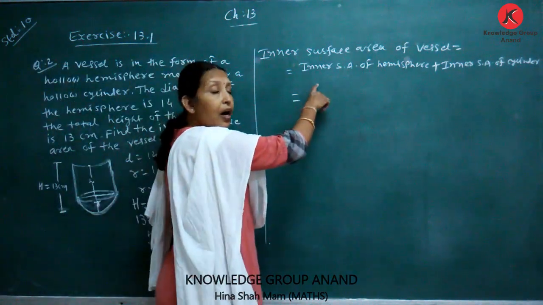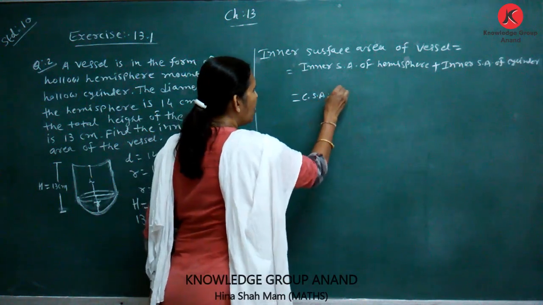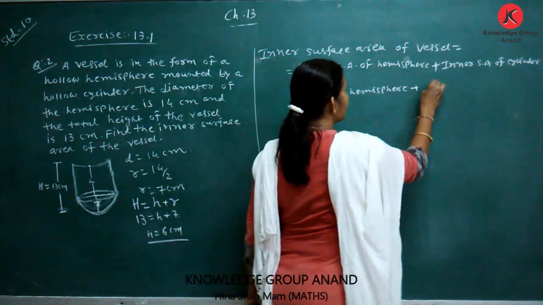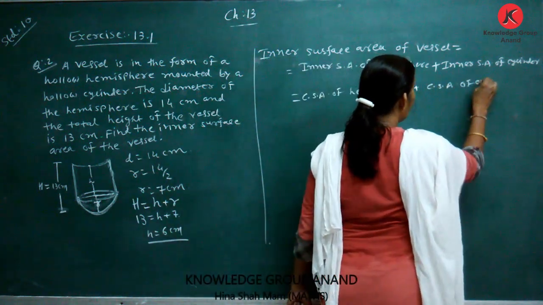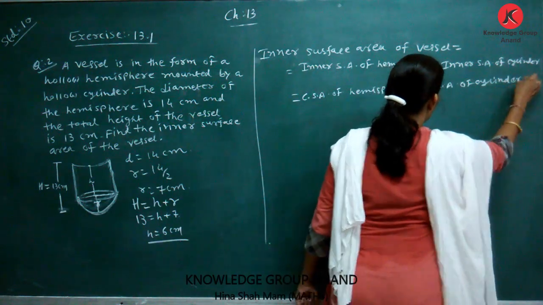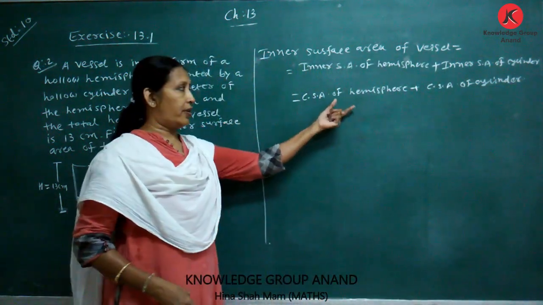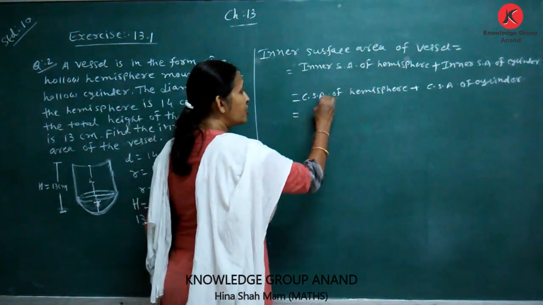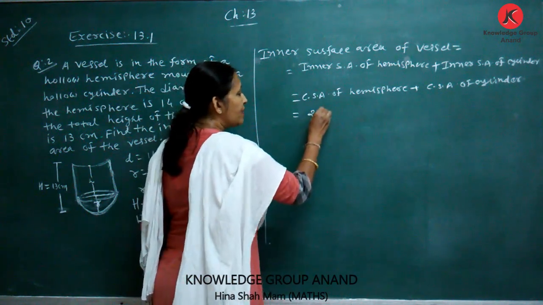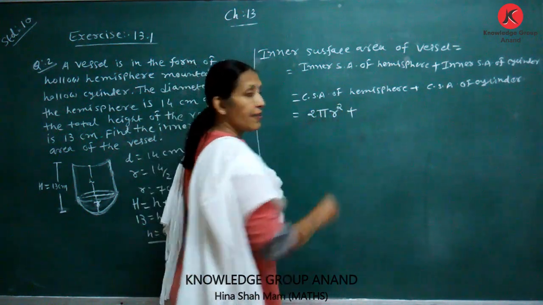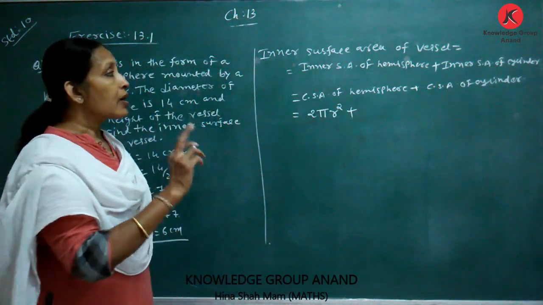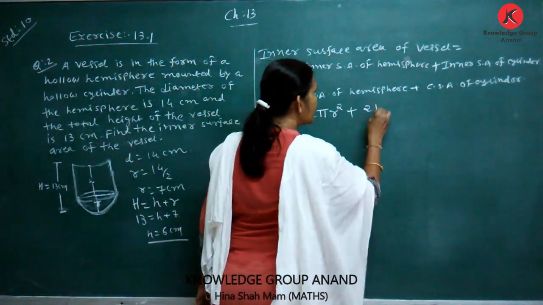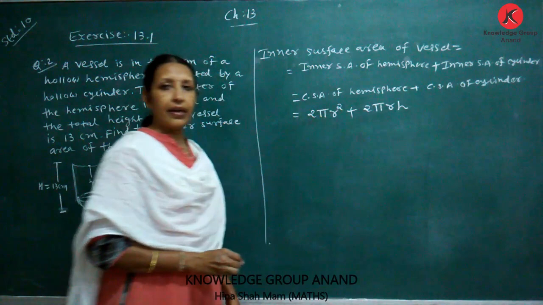Using the formula, inner surface is curved surface area of hemisphere, 2 pi r square, plus curved surface area of cylinder, which is 2 pi rh.